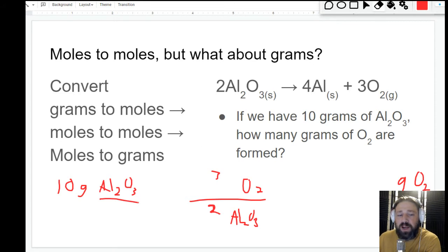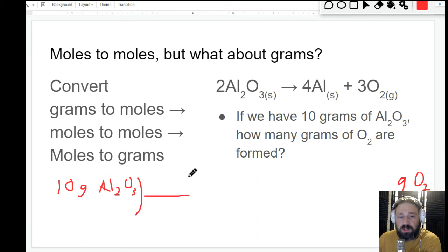We just have the grams of it. So before we do our stoichiometry step, we have to turn this weight into an amount.